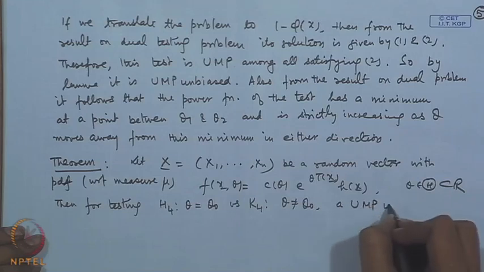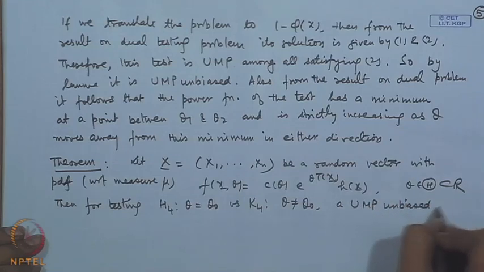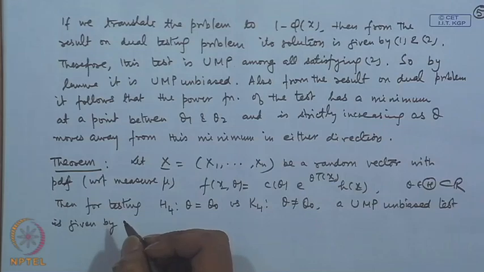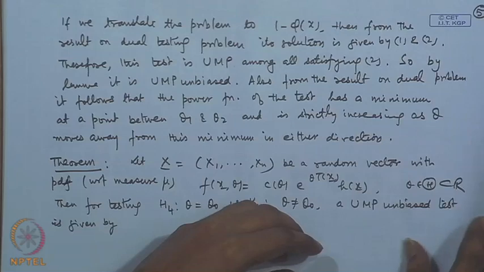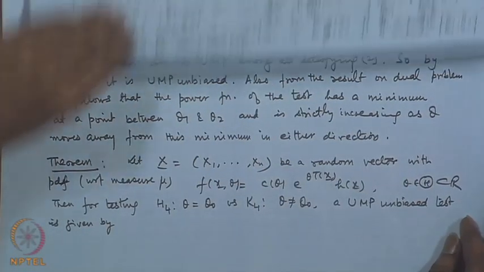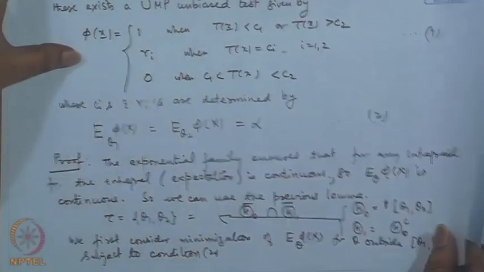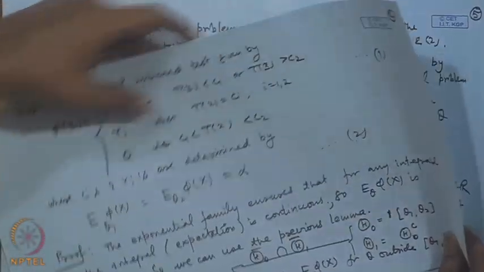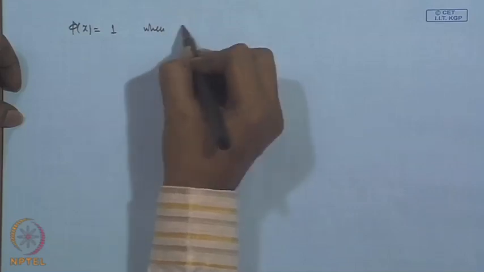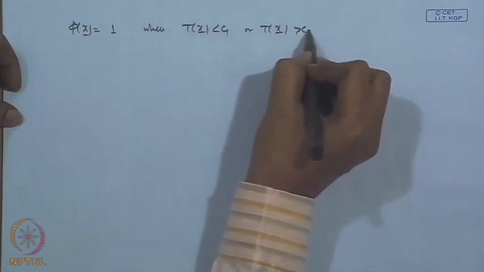a UMP unbiased test is given by, you note here that actually the form is given by the test which I have stated for the previous problem. However, the size condition will get modified. So, let me give it here. It is phi x is equal to 1 when T x is less than c 1 or T x is greater than c 2.